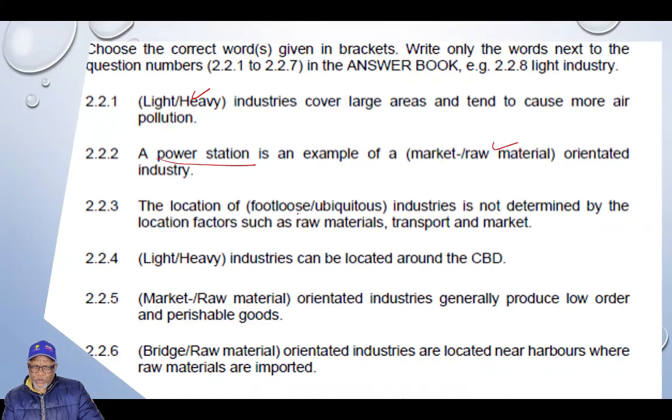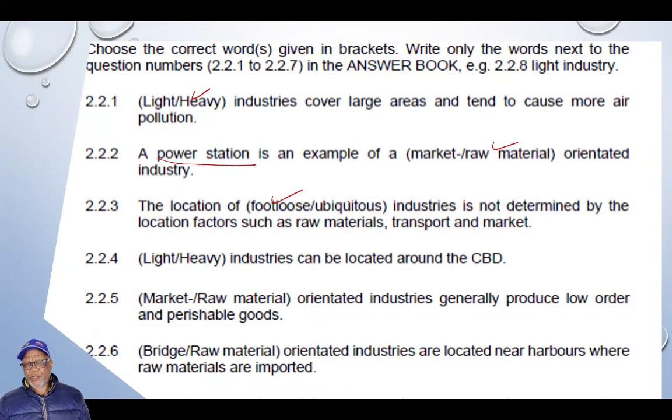The location of footloose or ubiquitous industry is not determined by the location factors such as raw material, transport, and market. So the correct one there is footloose. Remember, ubiquitous industries are industries that could be located anywhere, but they cannot be separated from their immediate market.